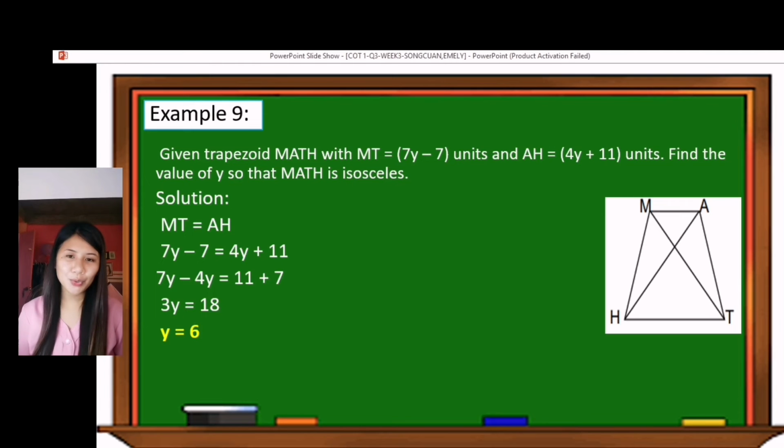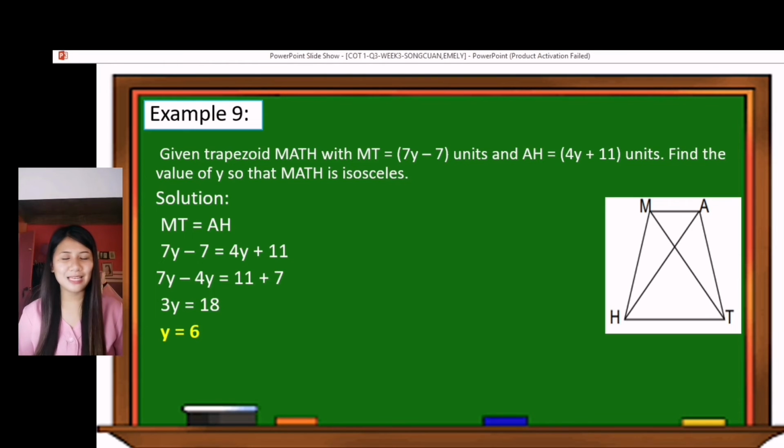The first thing that we're going to do is combine like terms. So, transpose positive 4y to the left side, that will become negative 4y. And transpose negative 7 to the right side, that will become positive 7. So, 7y minus 4y, that is correct, that is 3y.